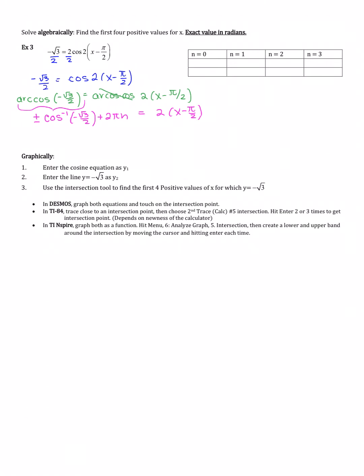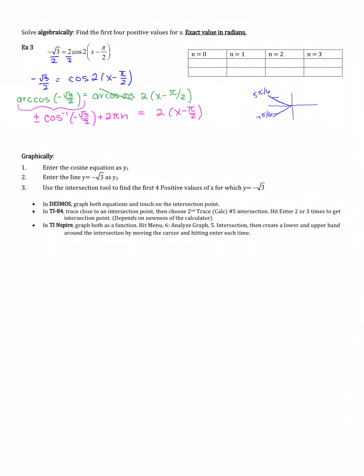All right, so we have to do some evaluating. So this is a negative ratio. Cosine is negative in the second and the third quadrant, and rad 3 over 2 is going to happen at, I'm having to convert to radians in my head, 5 pi over 6 and 7 pi over 6.